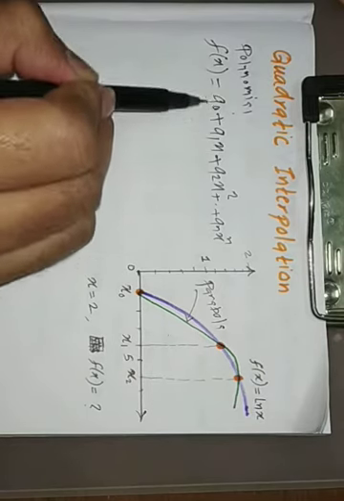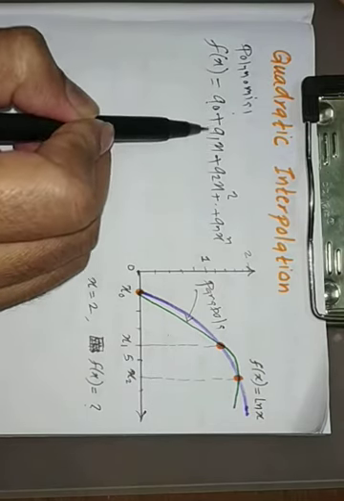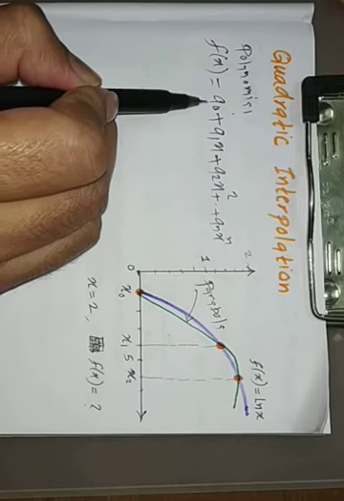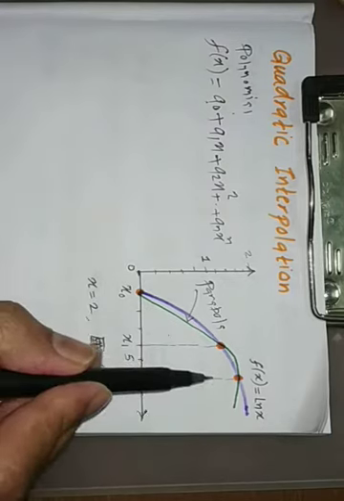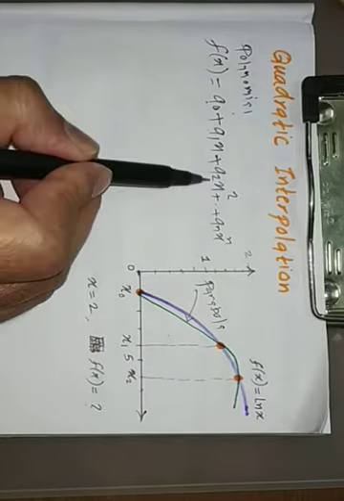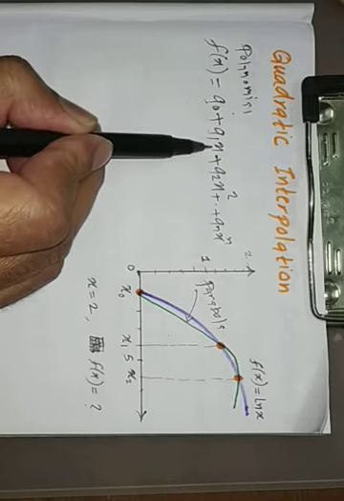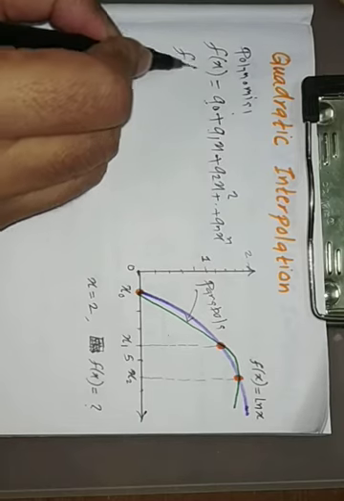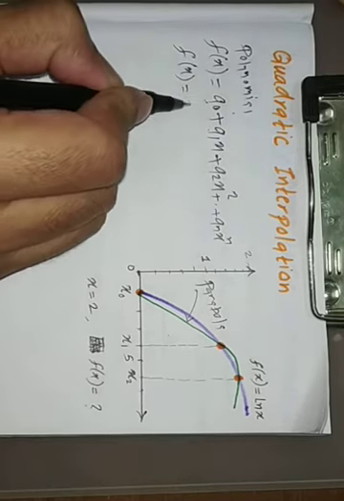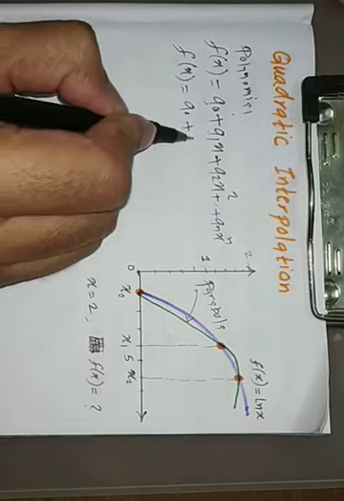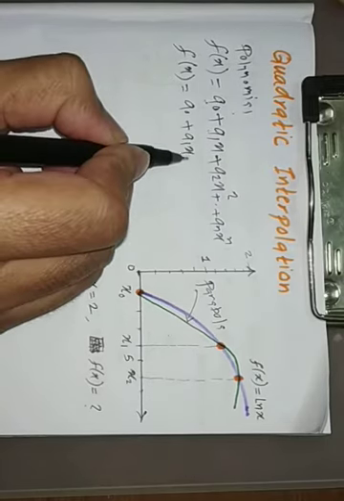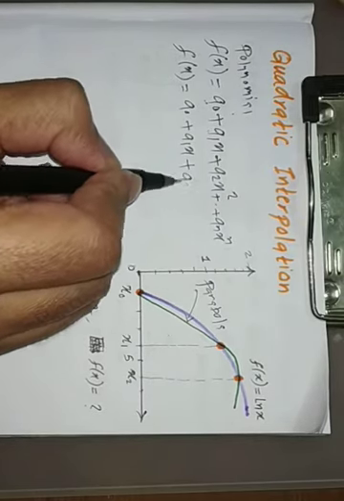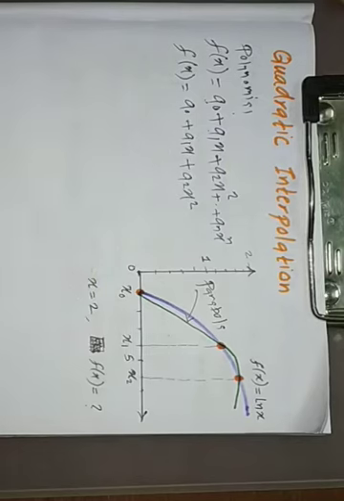So this was the equation for line, and we needed to find out a0 and a1. Here we will use first three terms, a0 plus a1x plus a2x square. So f of x will become a0 plus a1x plus a2x square.